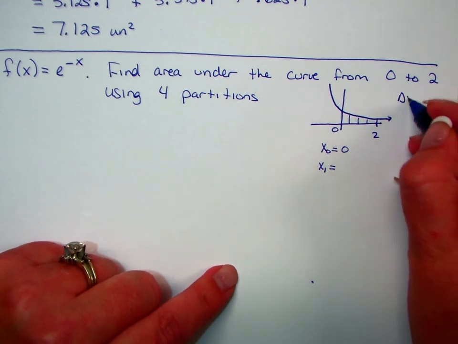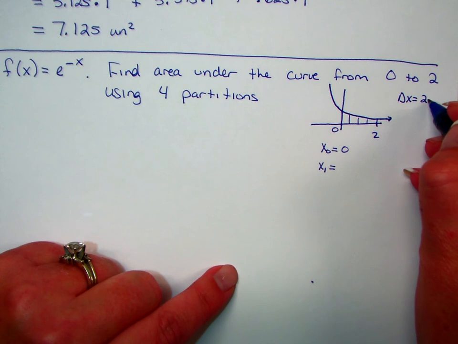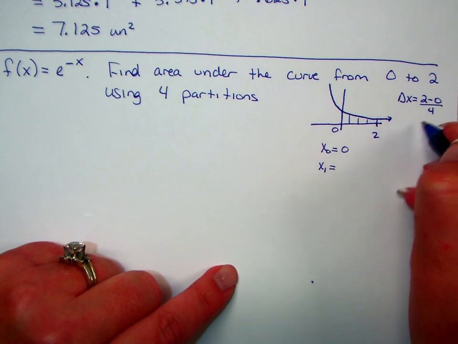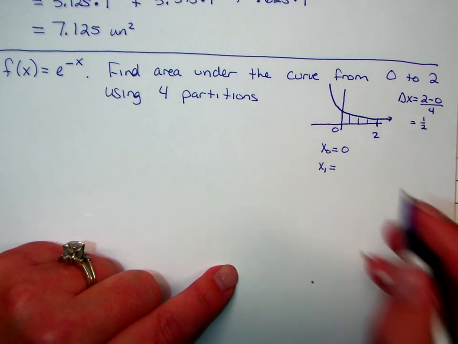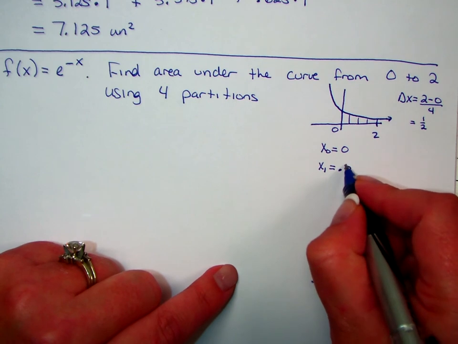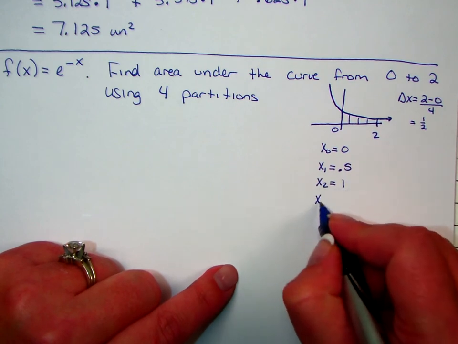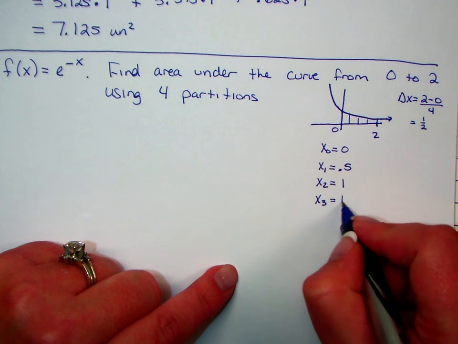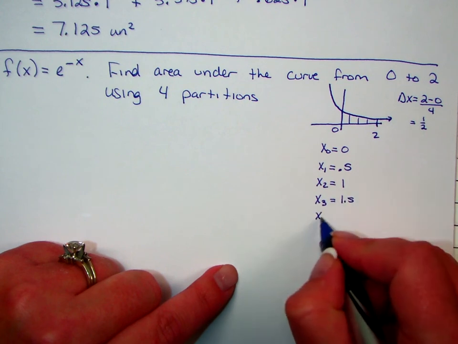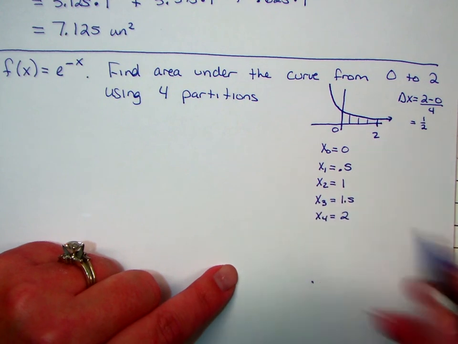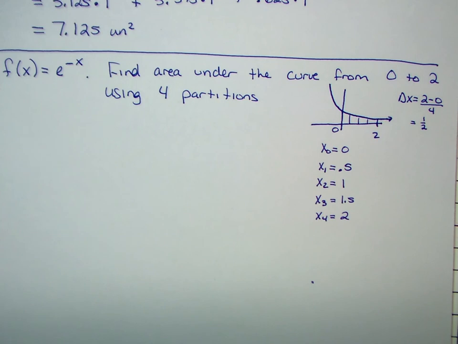But the width of each partition is 2 minus 0 divided by 4, which is 1/2, 0.5. So x of 1, I'm going to use 0.5. X of 2 is 1. X of 3 is 1.5, and x of 4 is 2, right?